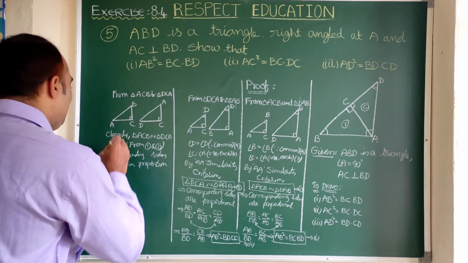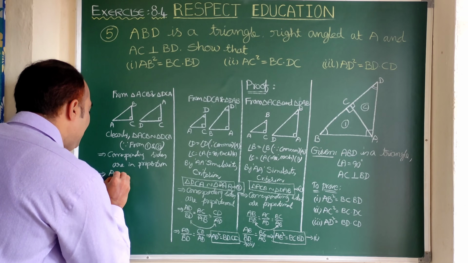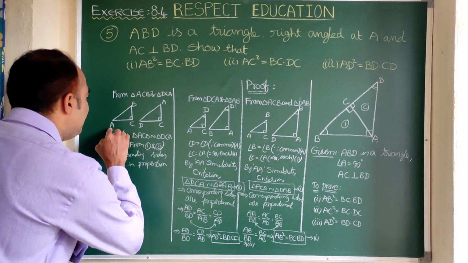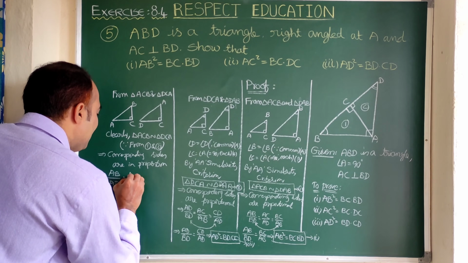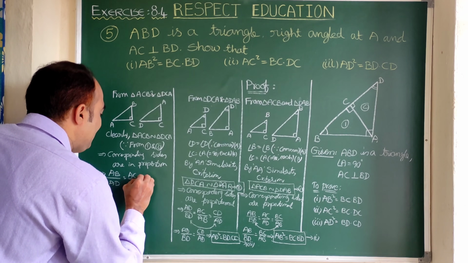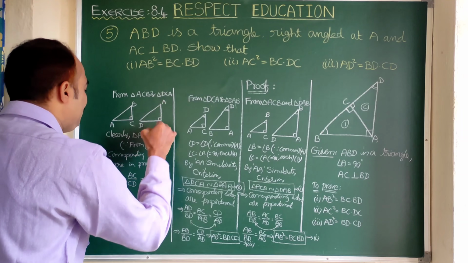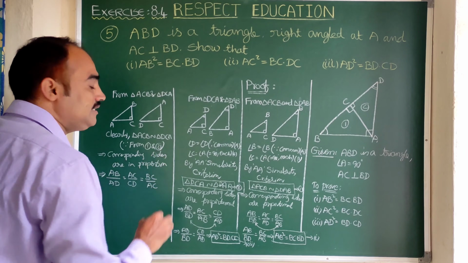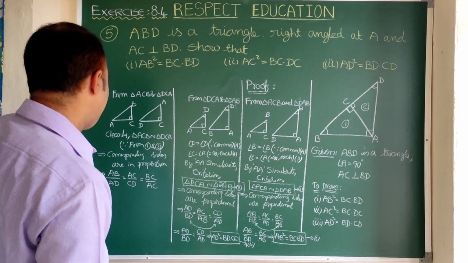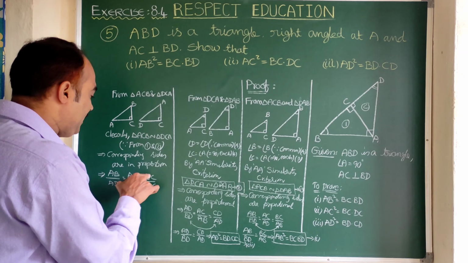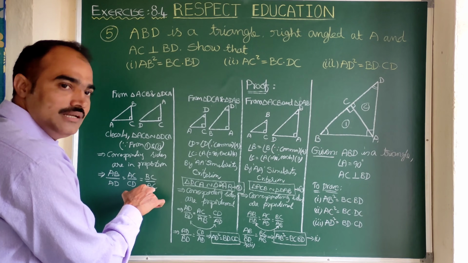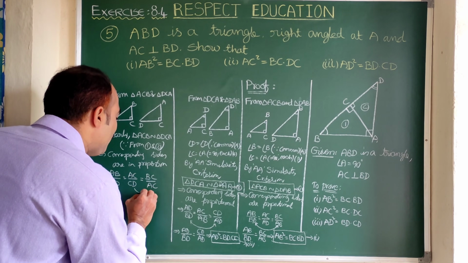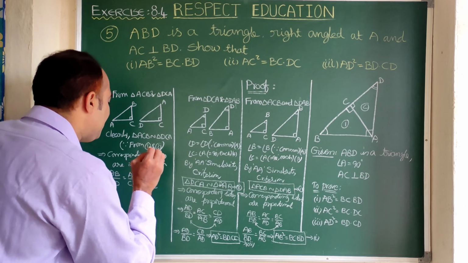Here if we take AB by AD is equal to AC by DC, I am writing as CD, is equal to BC by AC. Here you see what is repeated. AB only one time, AD only one time, AC two times, BC one time, CD one time. As AC is two times, let us compare only these two ratios.